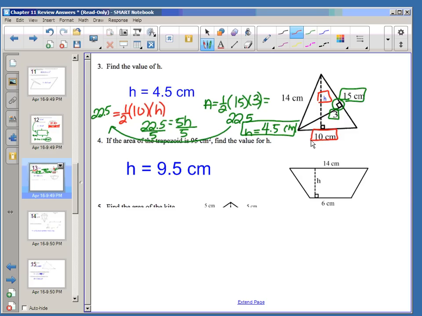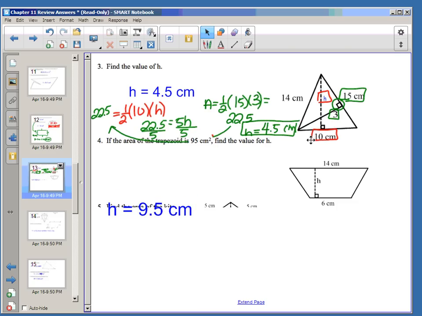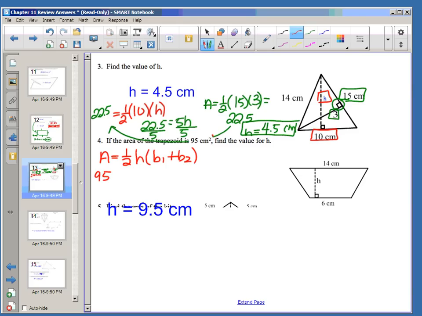All right, number 4 says if the area of the trapezoid is 95 centimeters squared, find the value for h. So I would go to my formula sheet, or remember this, hopefully. That's 1/2 h times base 1 plus base 2. So I know the area is 95. I don't know h, but I know my base 1 is 6 and my base 2 is 14.